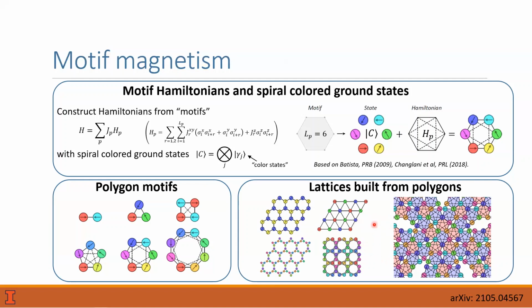It's these spiral colored states that are drawn here. So here, for example, on the right is a Penrose tiling, so it's like a quasi-crystal. You know exactly what the Hamiltonian is, and you know exactly what the ground state is. So it's an example of something you can construct using these motif Hamiltonians.